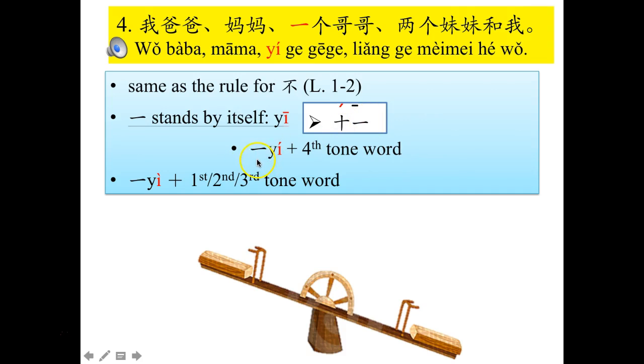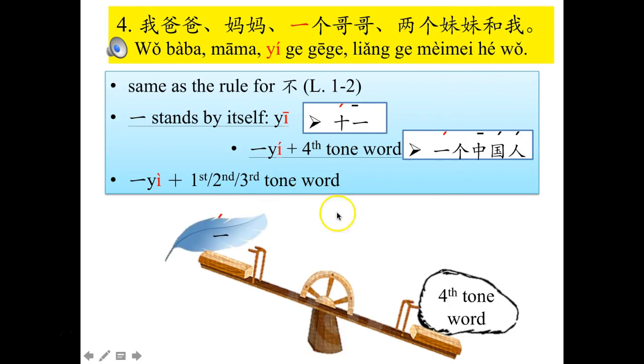好, second, if 一 goes before a fourth tone word, now remember, fourth tone is very strong. It's a falling, drastic falling tone. When it goes before a falling tone, fourth tone, 一 becomes a second tone. This is like a seesaw.